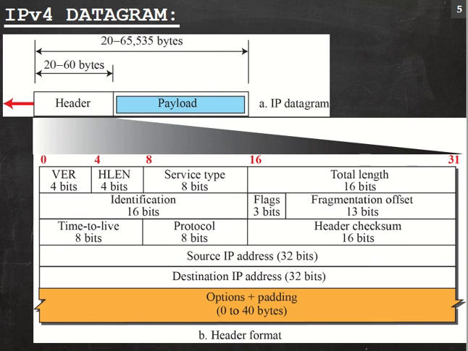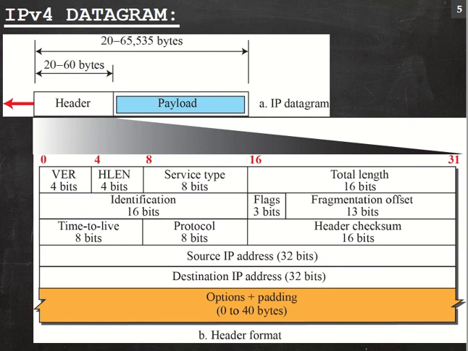So this is done by IP to check whether there is an error in the transmission. The next field is source IP address, which is of 32-bit. This is the address of the source where the data has originated. We have seen the IP address format in the previous module.